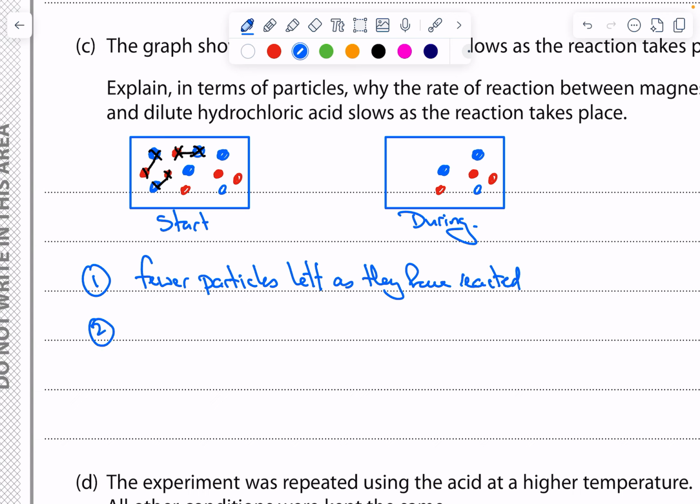And if there are fewer particles left, there is less chance of successful collisions, and I think that's going to get us all the marks there. Less chance of successful collisions.